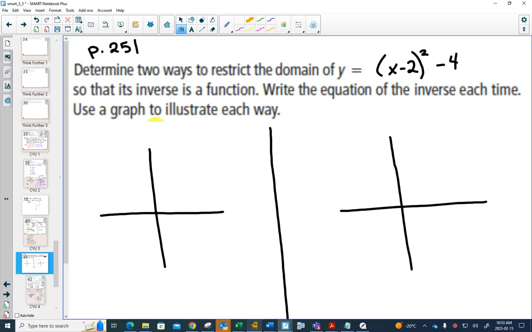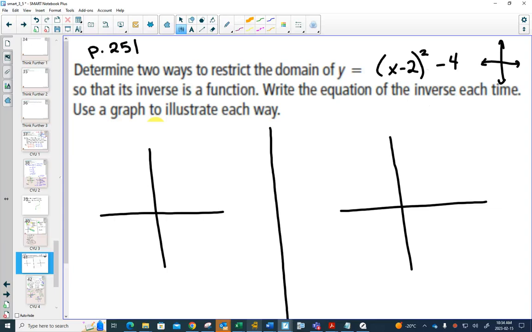So again, there's 3 things that we have to do for each one. So 6 things in total. We have to restrict the domain, find its equation, and show it graphically. First of all, off to the side here at the top, can you see that this is a parabola that had been moved 2 to the right and 4 down?